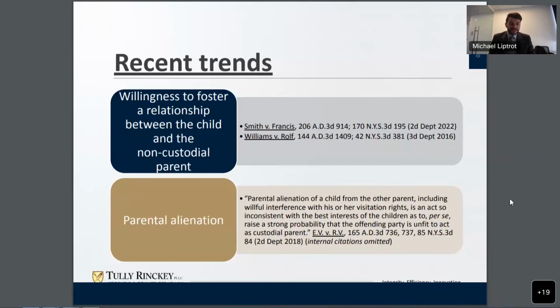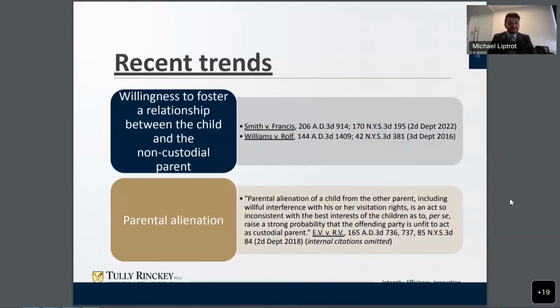I think every parent who is unhappy with their parenting time is getting the feeling that maybe the other parent is engaging in parental alienation. And you get a lot of potential clients and current clients who do their own WebMD version of legal research, Googling, what is parental alienation?